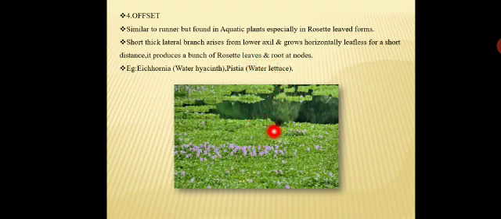Here there is a bunch of leaves and roots present at the nodes. For example, Eichhornia, water hyacinth, Pistia, Lemna. Some other plants also show the offset manner.